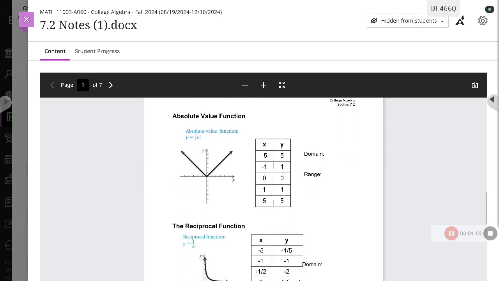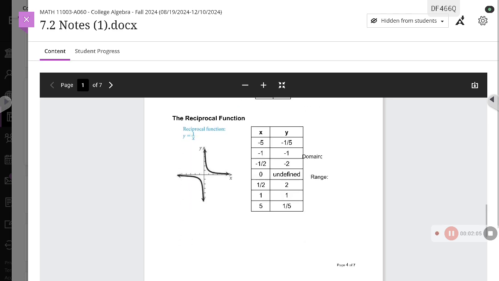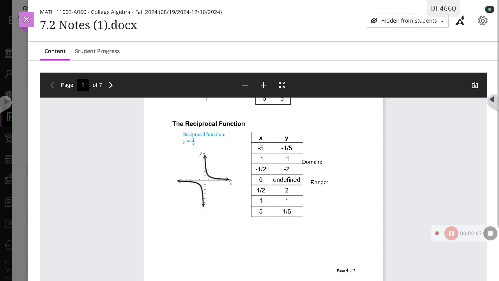And the absolute value function, if your x is inside an absolute value, then you will have this shape that looks like a V. And the last one that we are going to talk about, the reciprocal function, or in other words, if your x is in the denominator of a fraction, that is what that shape will look like.